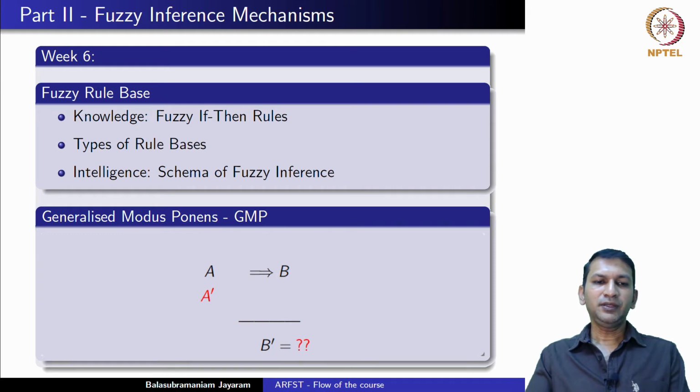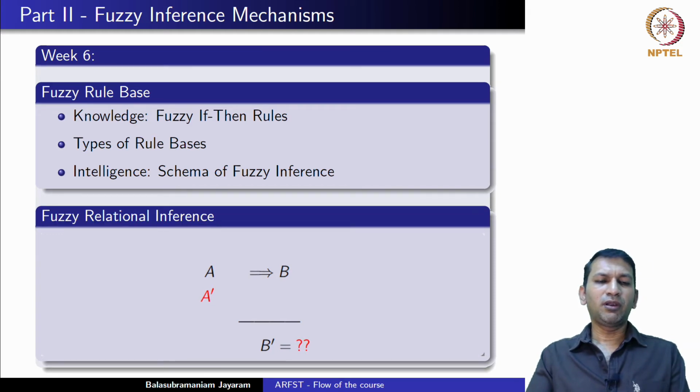The first of them is what we call a fuzzy relational inference. In this scheme, we convert this knowledge in the form of conditional A implies B into a fuzzy relation.